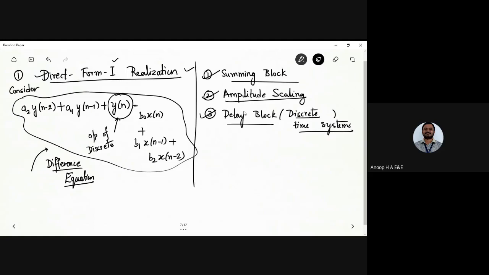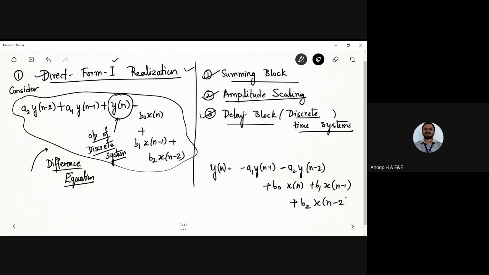So how can I reframe the equation, keeping y of n on one side? y of n equals minus a1 y of n minus 1 minus a2 y of n minus 2 plus b naught x of n plus b1 x of n minus 1 plus b2 x of n minus 2.